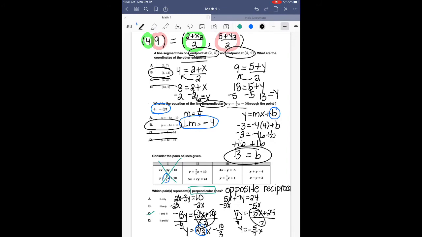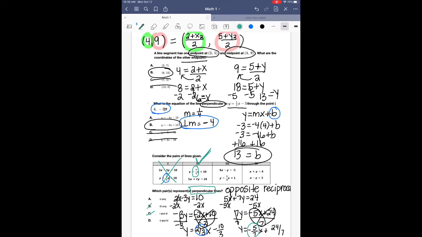So we have negative 5/7 x. And then 24 divided by 7 is going to give me 24/7 because it's not going to round nicely. So for this one, I have negative 5/7, and then I have positive 7/5. Those are perpendicular, so 2 is a possibility.